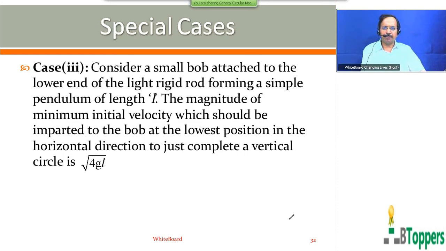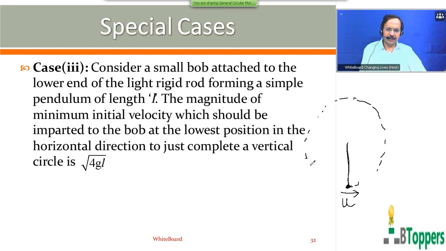Here, instead of a string, suppose the bob of the simple pendulum is attached to the lower end of a light rigid rod, forming a simple pendulum of length L. So suppose the bob is given some initial velocity of magnitude u at the lowest position, so that it can rotate in a vertical circular path. You just listen here, you can copy the notes later.